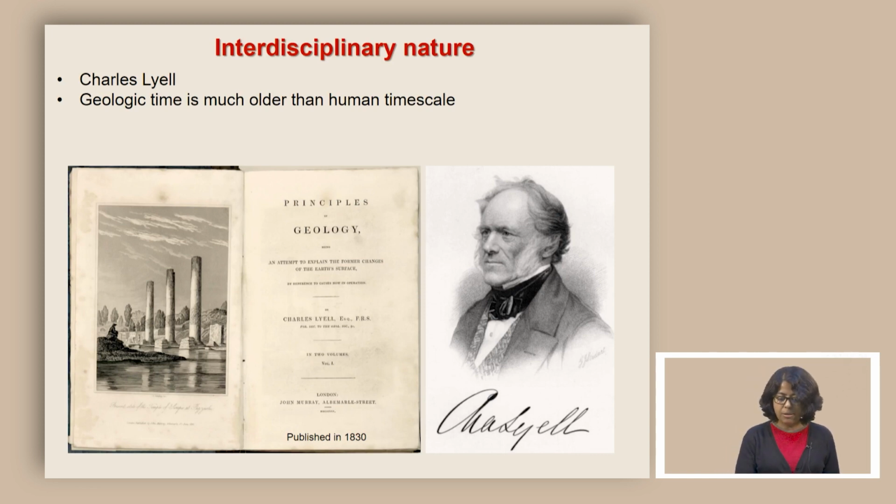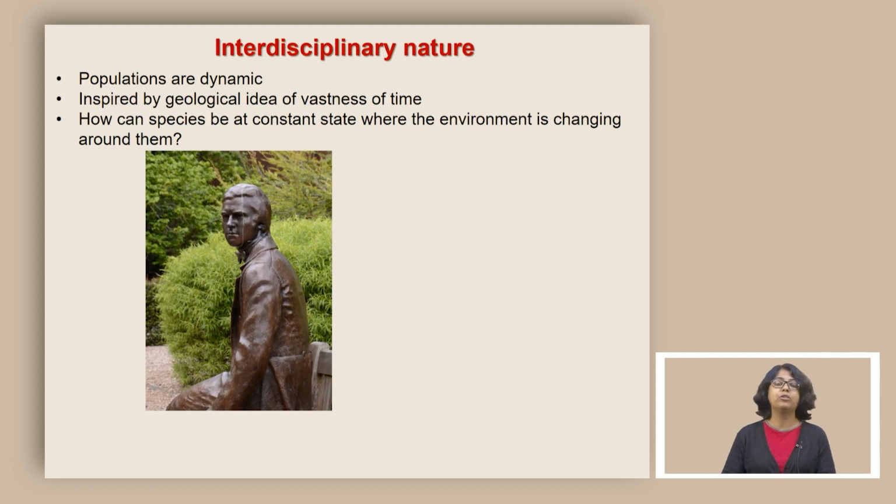So, there was a young naturalist at that point of time who was interested in biology, and he was inspired by this geological idea of vastness of time. He was so inspired by it, he started asking similar questions, but in a more biological fashion. He started asking this question: how can species be at constant state where the environment is changing around them?